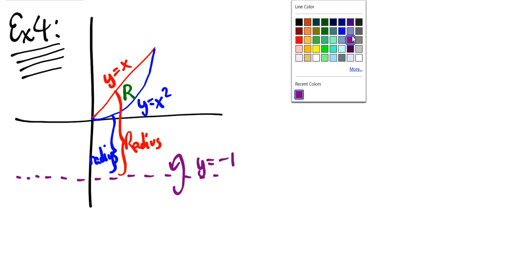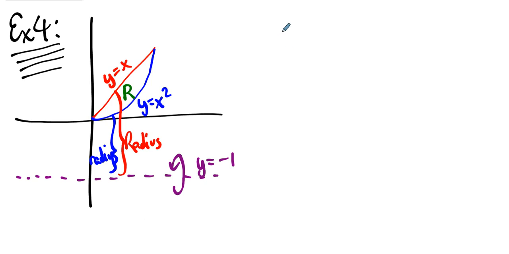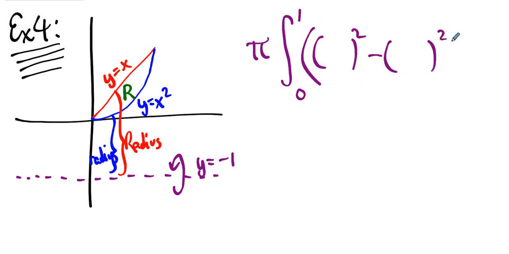Now, in both cases, we're doing an integral from 0 to 1 of pi, which can come out and cool on the windowsill, times radius squared, right? Both of those are radius squared. And we're going to take the big radius squared minus the little radius squared. We can put our integrals together like that. So how big is the big radius?